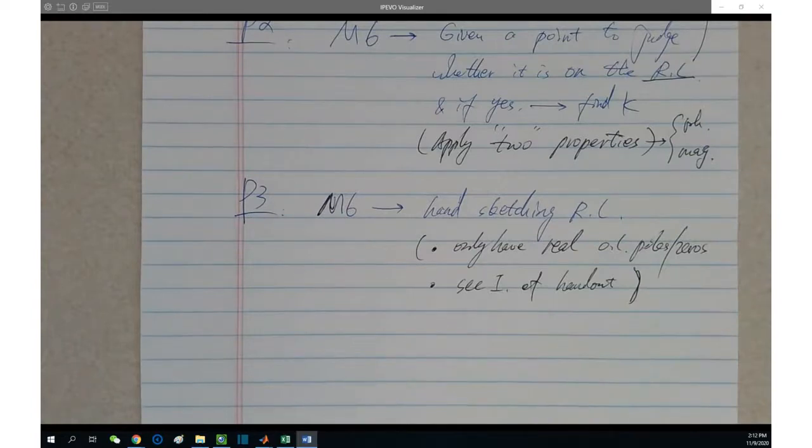Anyone remember what is involved in sketching the root locus? To sketch the root locus, what do we have? Anyone?